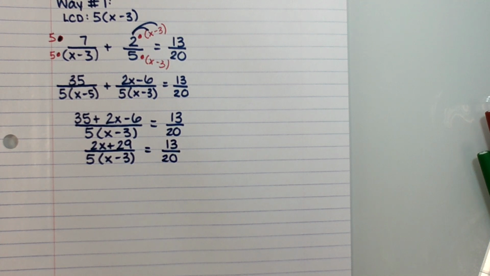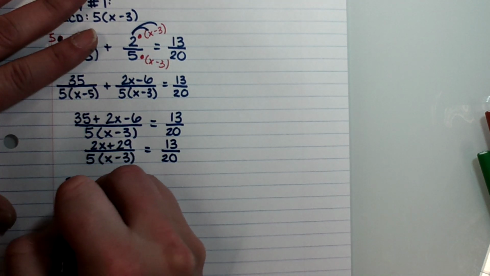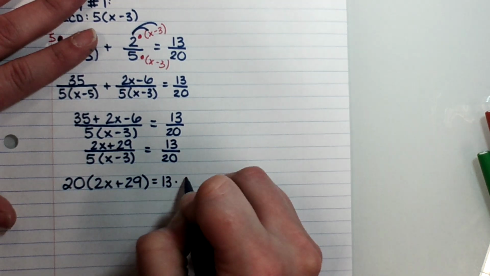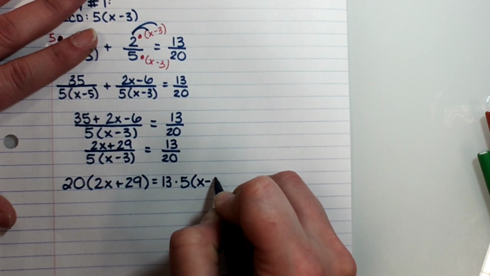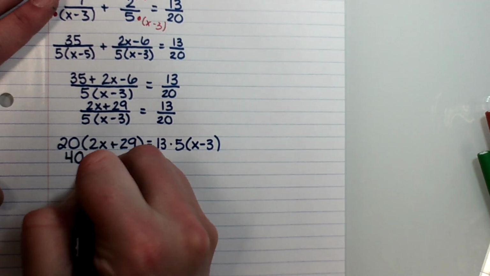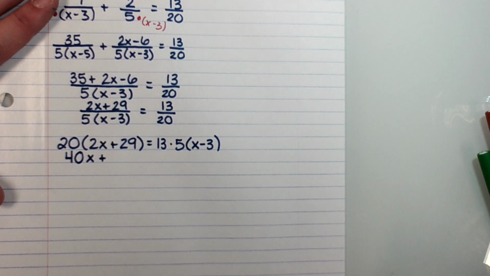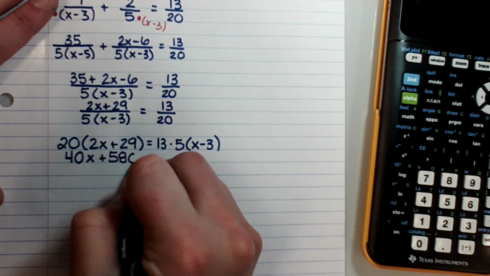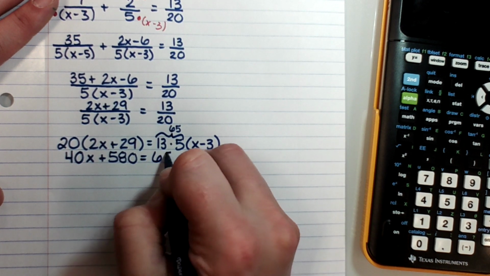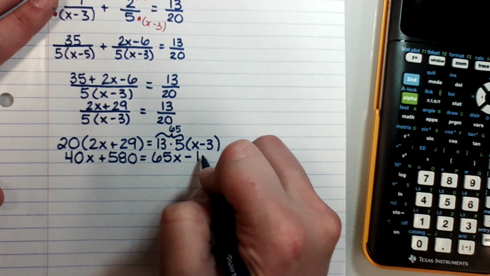Now it's a proportion, which means now I can cross multiply. 20 gets multiplied by 2x plus 29. 13 gets multiplied by 5 and the x minus 3. 40x plus 580 equals 13 times 5 is 65, so 65x minus 195.